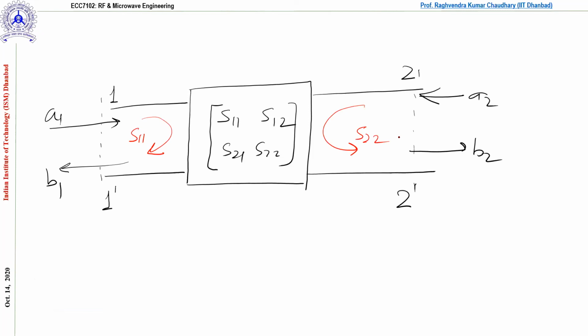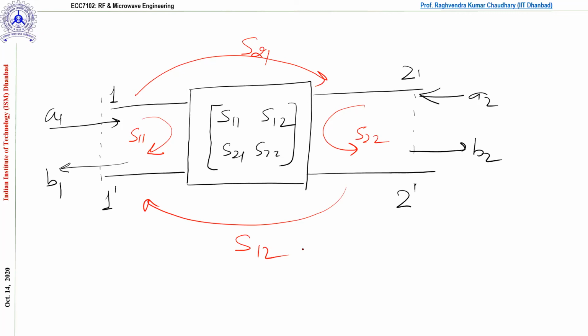And if we are talking about the transmission, 1 to 2, this is S21. If you are writing S21, 1 is where you fed the power. And when we are talking about the transmission from port 2 to 1, this is S12.